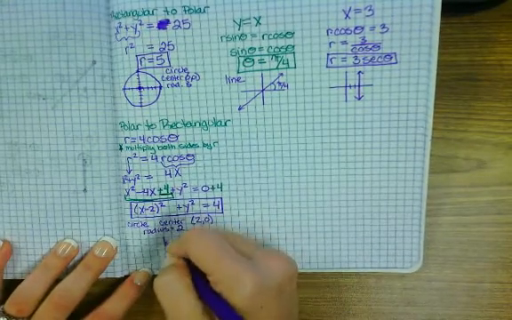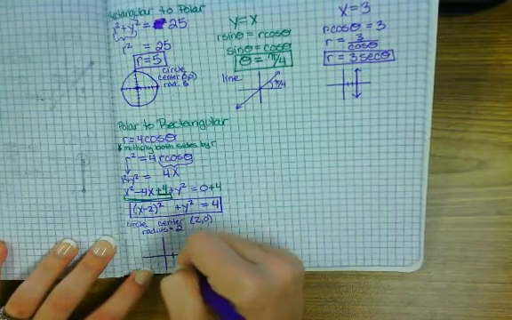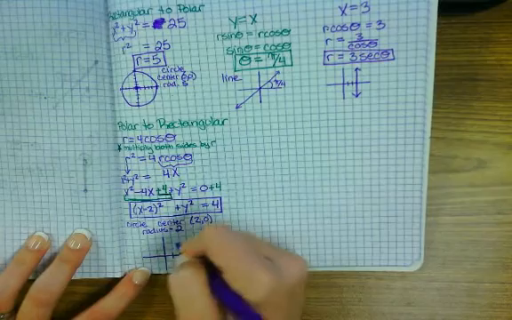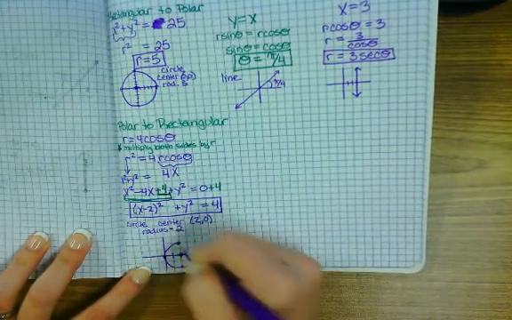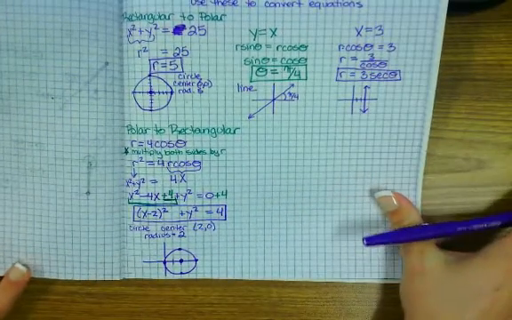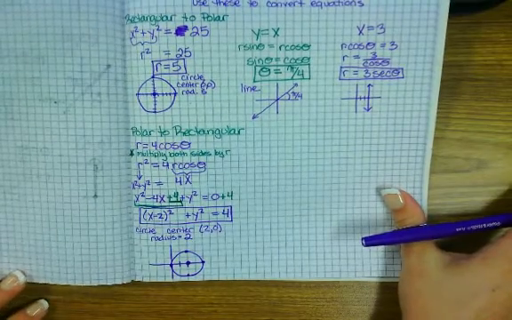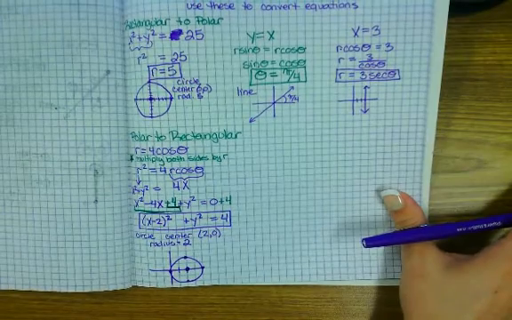So we're going to draw a circle with the center at 2, 0 and a radius of 2. So when we first looked at 4 cosine theta, we didn't know that was a circle with a radius of 2. But now you know that because we did the conversion. Okay?